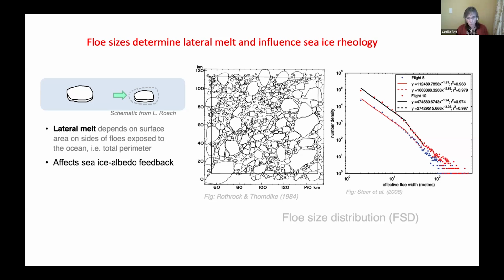And that reduces the ice fraction and increases the open water fraction. So it's a positive feedback where we then absorb more sunlight. So it's a really important ice albedo feedback contribution that so far, when we don't resolve floes in Earth system models, has been utterly ignored.